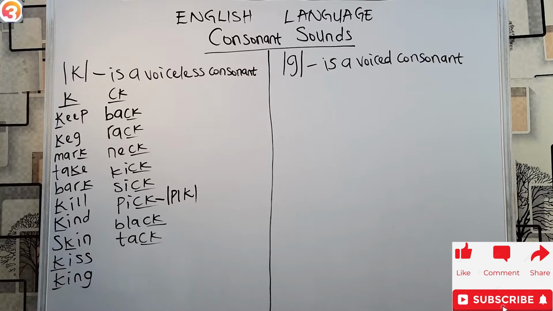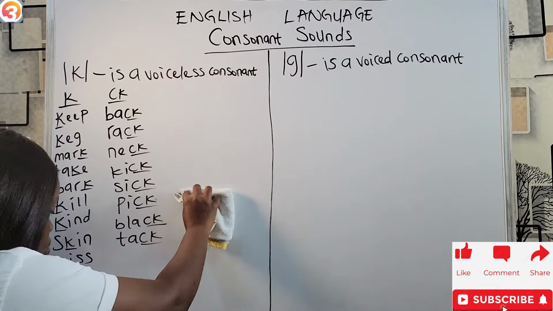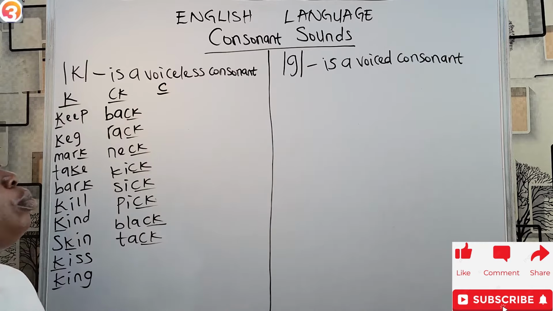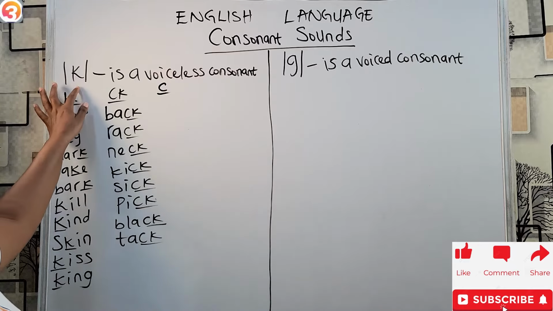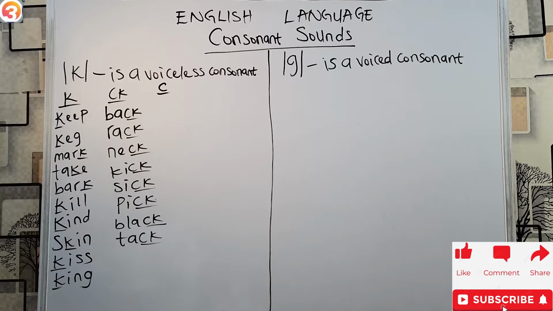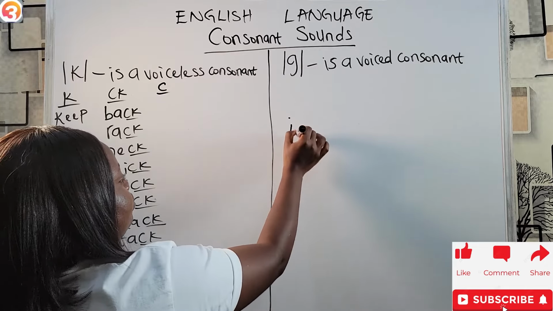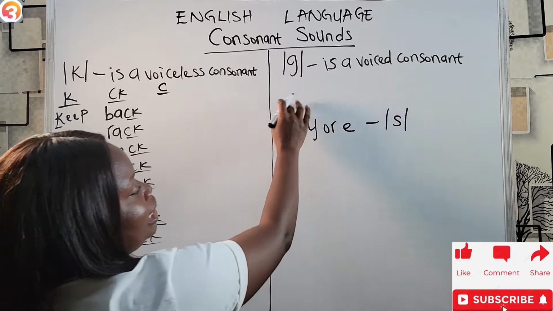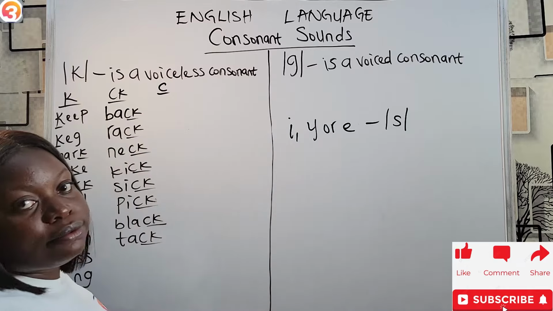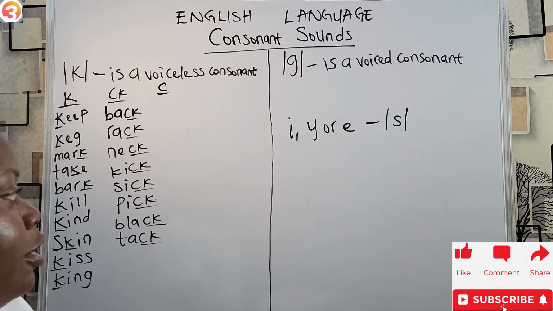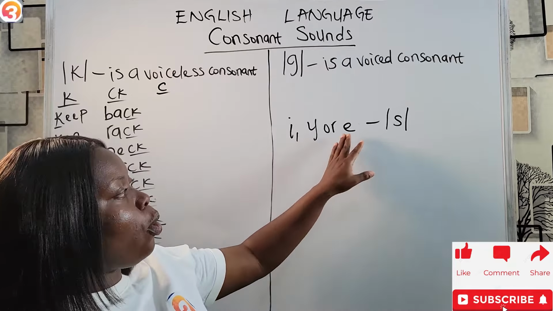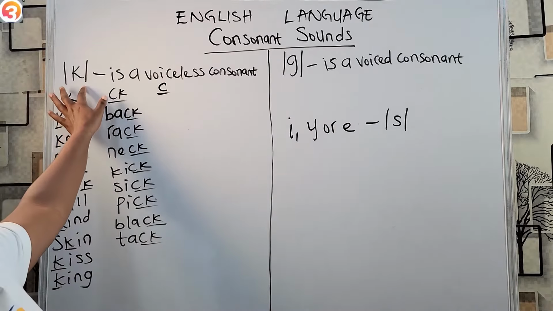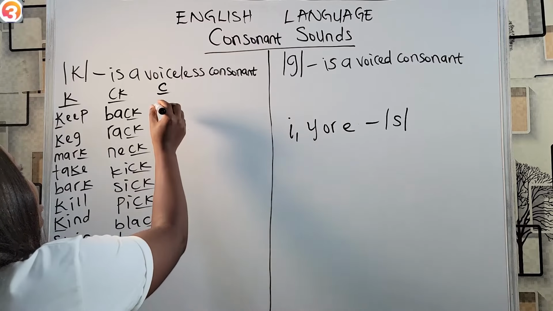Apart from K and CK, we can also find this consonant in words containing just letter C. Some words that contain letter C actually contain this consonant K. By the time letter C comes before I, Y, or E, it is pronounced as S. But before any other letter, it is pronounced as K. So examples, we have cat.